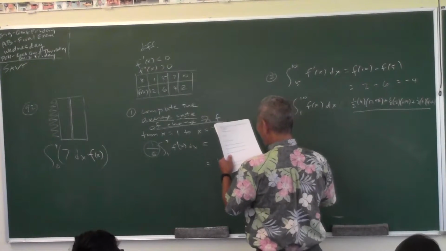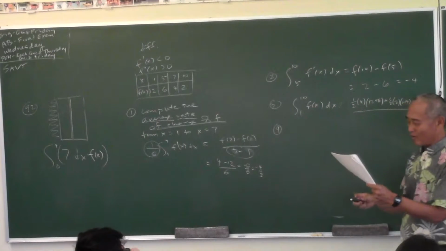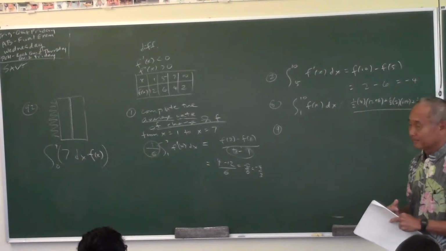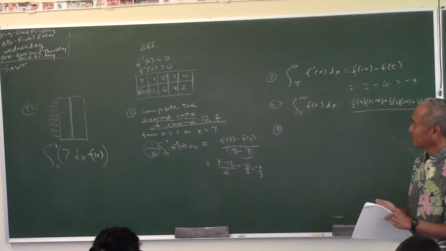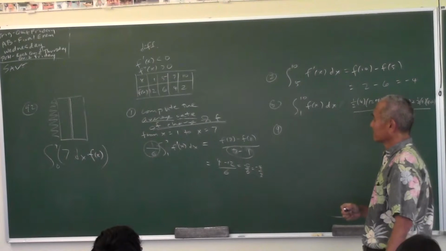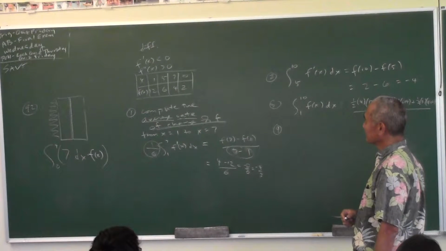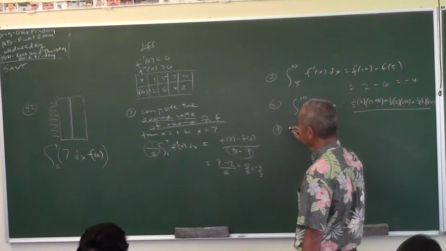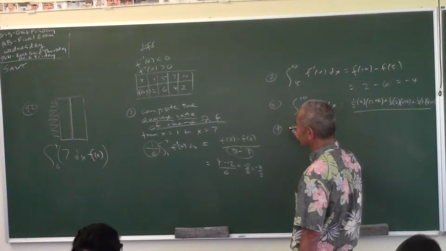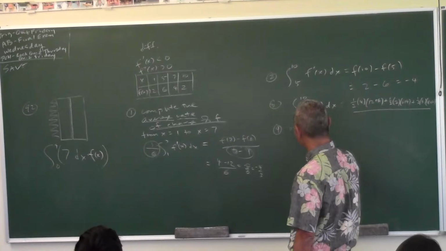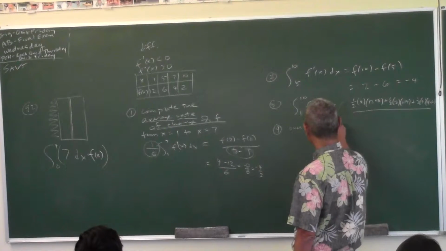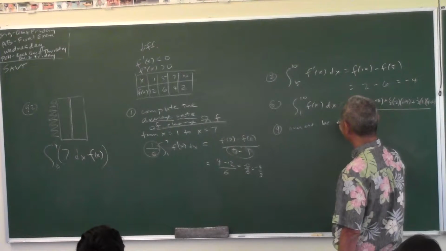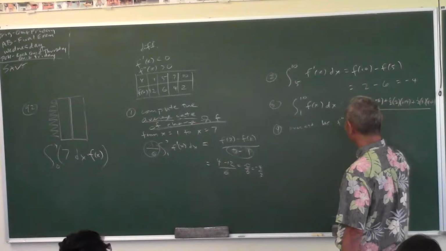Number 4, is your answer for problem 3 an over or an underestimate? Explain. It's an underestimate because... Okay, so what's the answer? It's an overestimate because f double prime is positive.